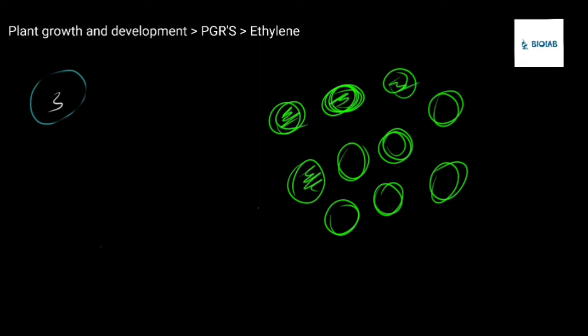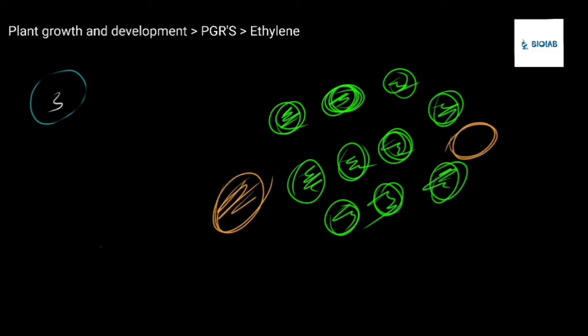Among these there are 10 unripe oranges. Now I am placing 2 ripened oranges in between these 10 unripe oranges.